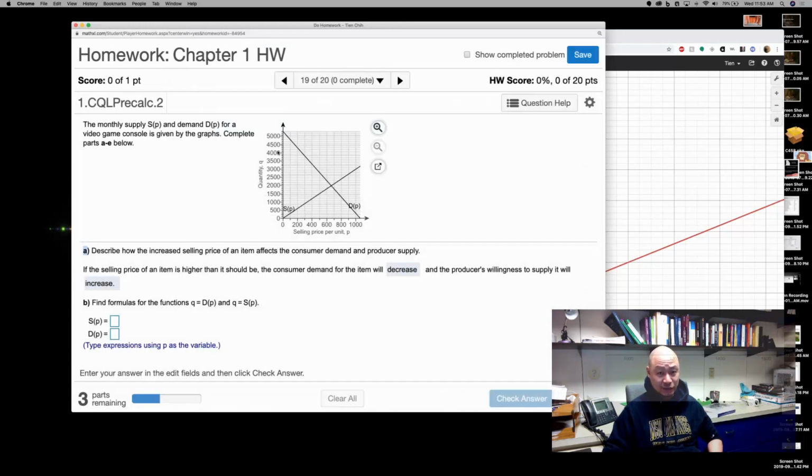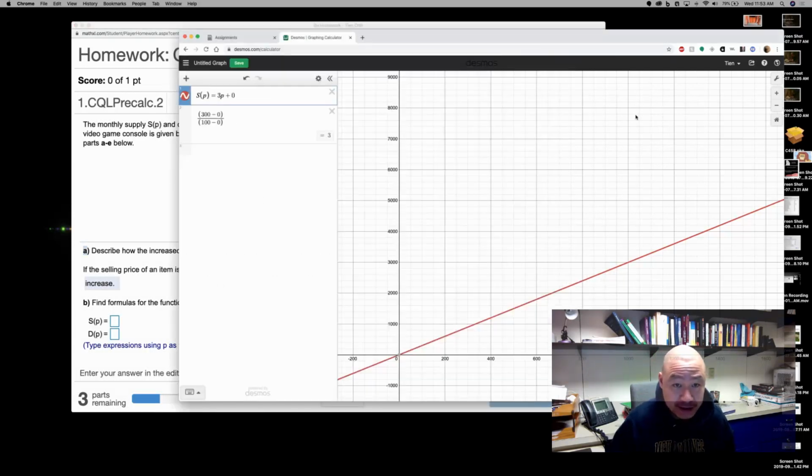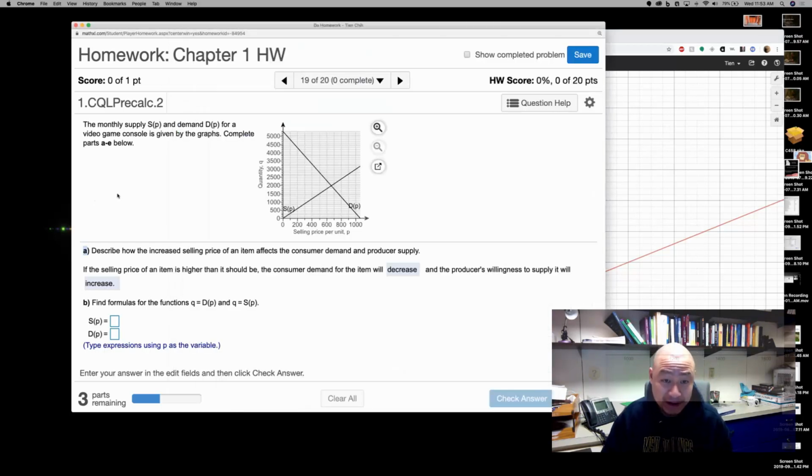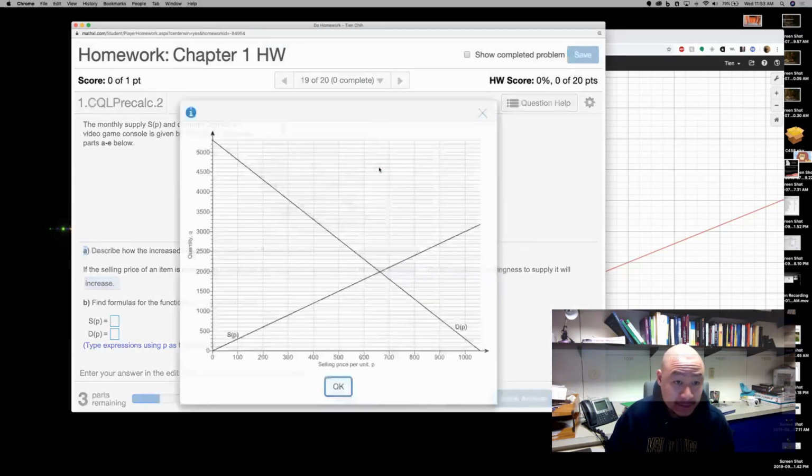the demand curve. So the demand curve is going to be something much the same, right? It's going to be some slope times P plus B because it's a linear function. So just like before, because we have this graphical representation, we should take a look at what our y-intercept is.